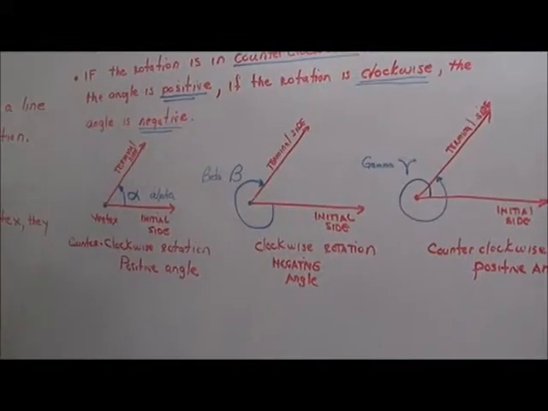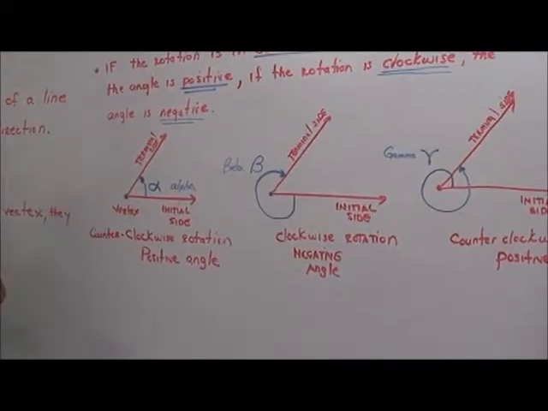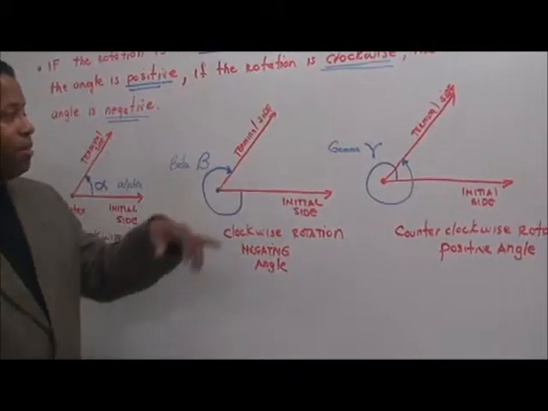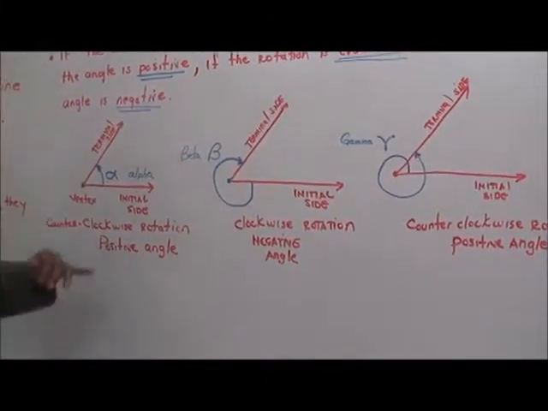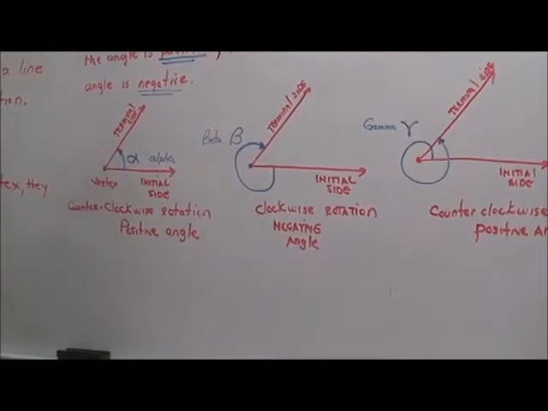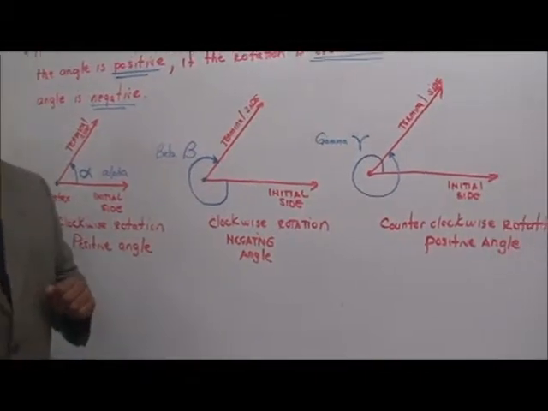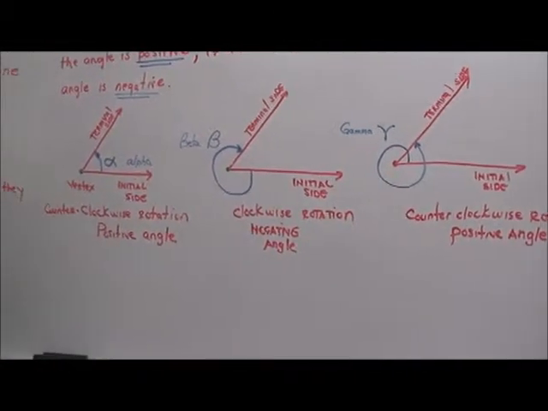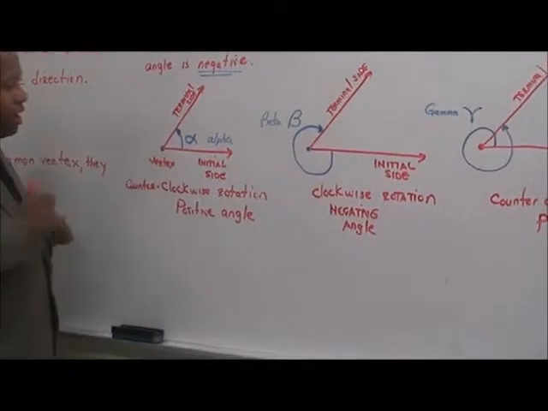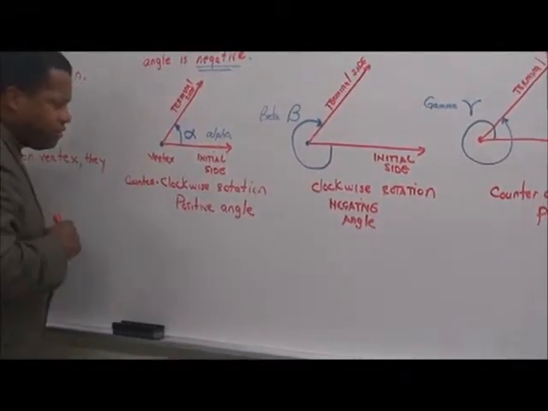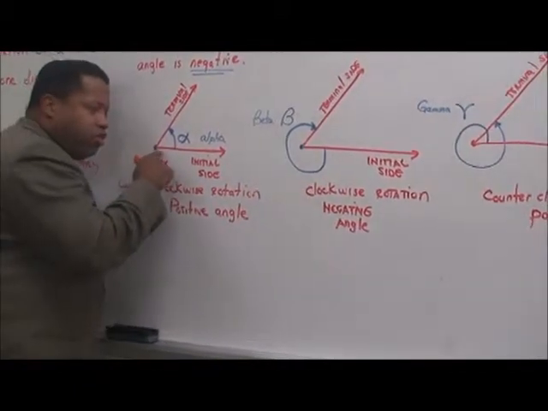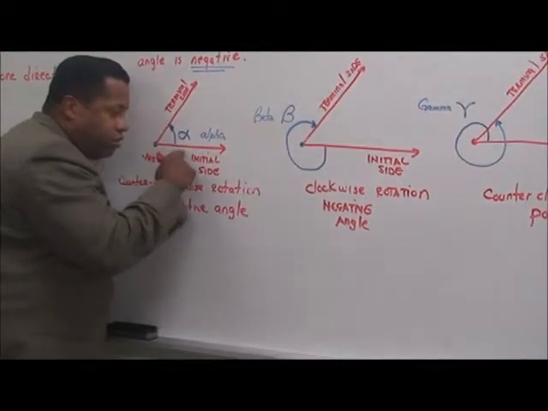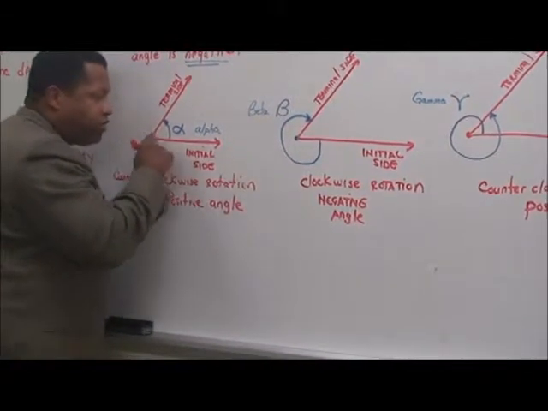Now observe these Greek letters here, alpha, beta, and gamma, which denote the angle in each of the angles specified on the board. However, let's look at this for a second. There are two rays drawn. This is a ray and this is a ray.